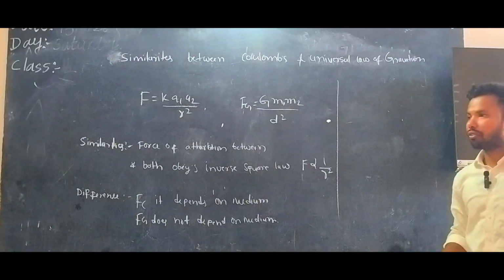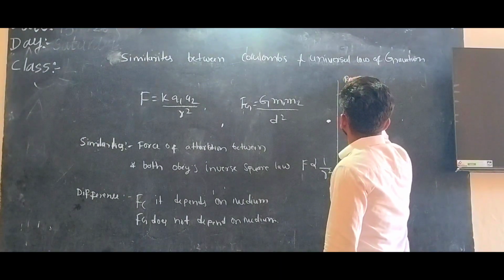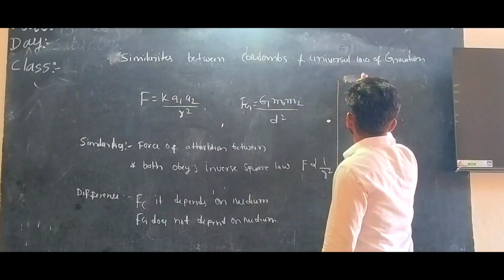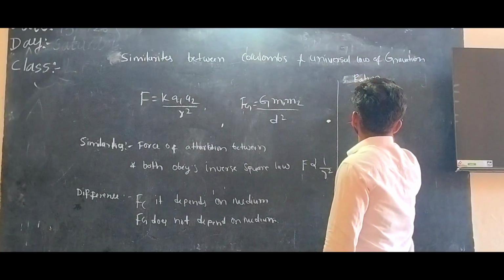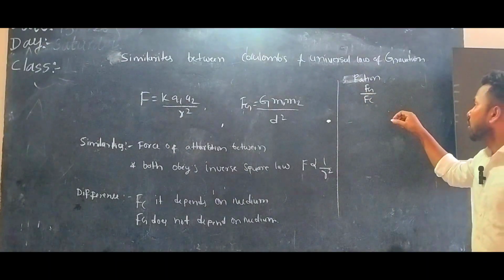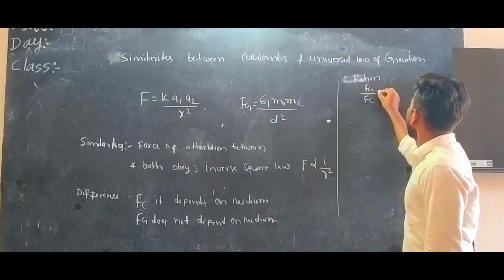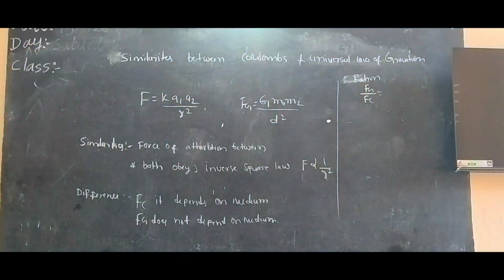Just to know the values, we will calculate the relation, the ratio of Fg and Fc. Fc is the Coulomb force. To know that, we have to know the values of Q1 and Q2.